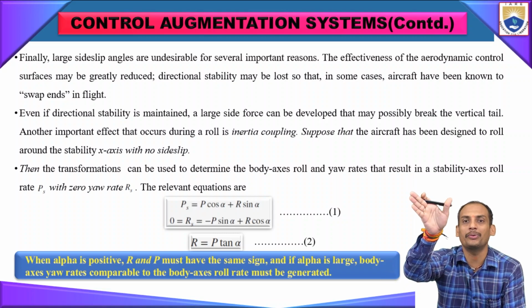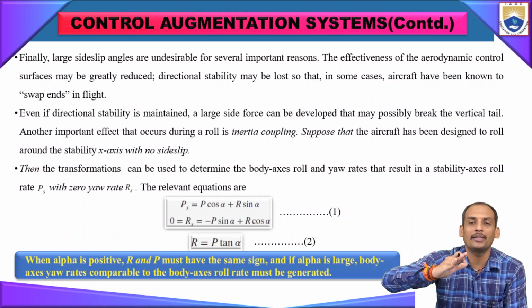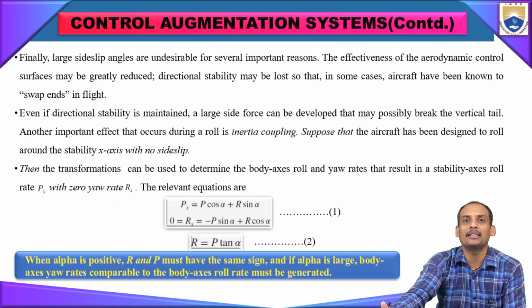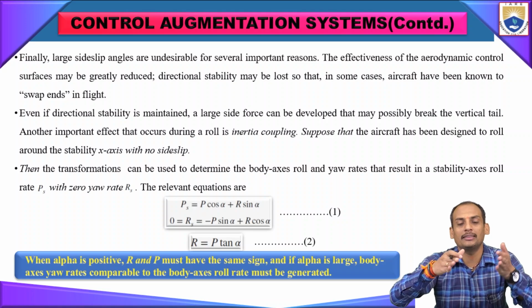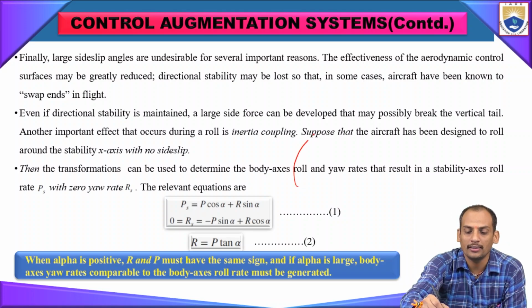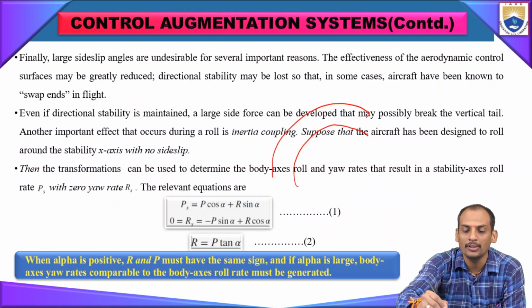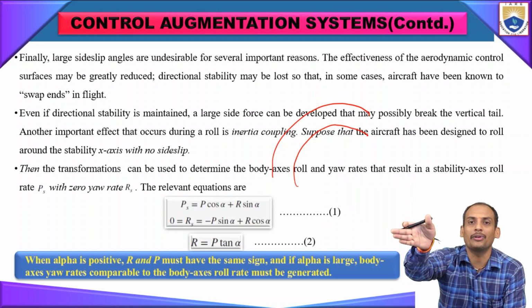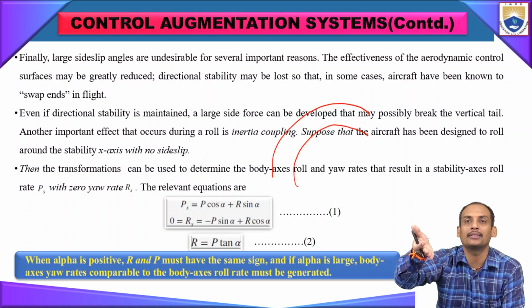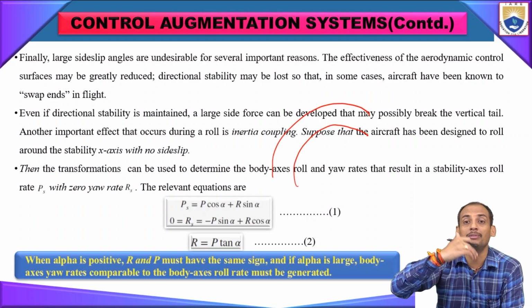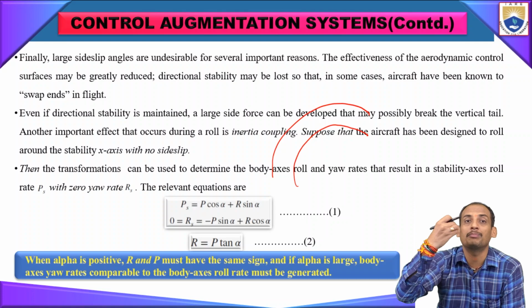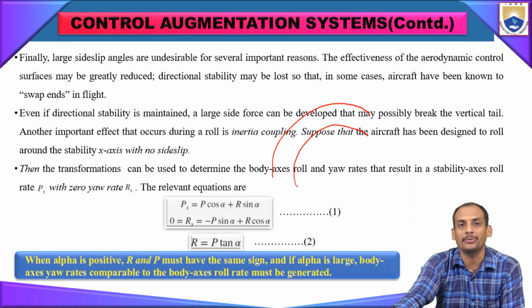Due to that pull-up maneuver and this type of movement, turning moment, the aerodynamic control may sometimes be lost because of adverse gust winds, and it may happen in the forward direction. That type of control loss we call swap ends only.